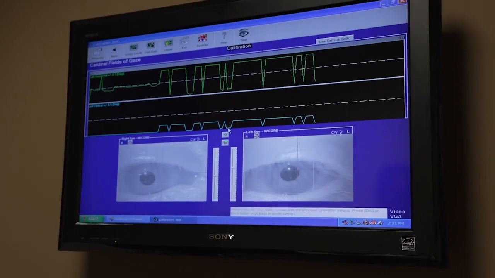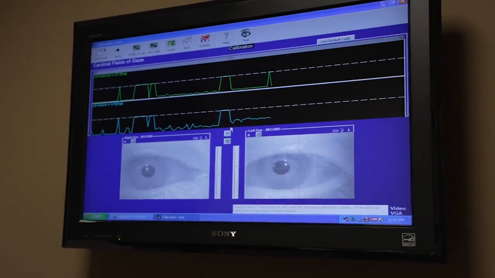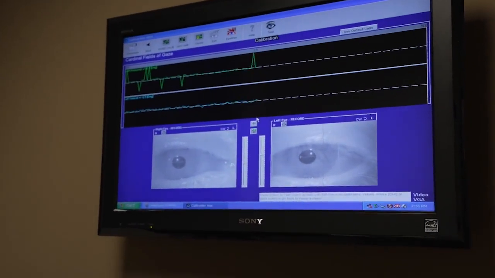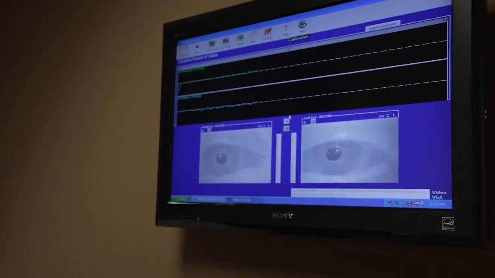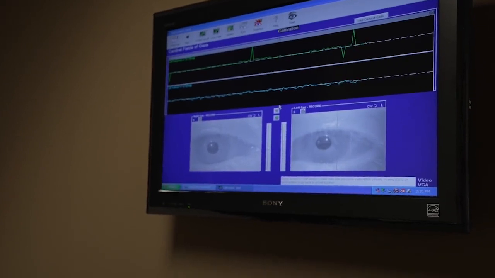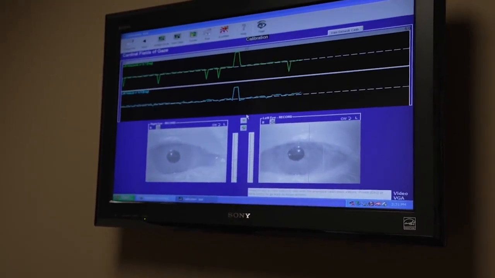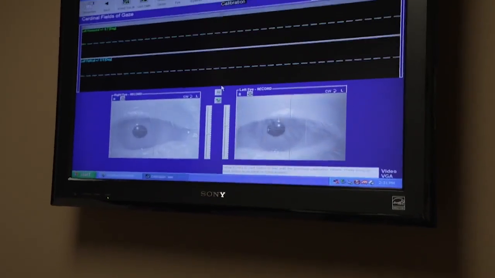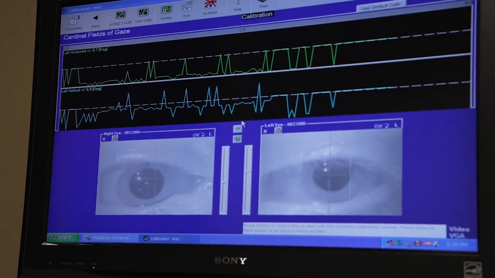vestibulo-ocular reflex. Then we add stimulus to it by rotating in the chair that increases the intensity of the inputs coming into the vestibular system with chair rotations, and then we don't see any symptoms of dizziness or any abnormalities in these eye movements. They're nice and symmetrical with both sides. And then we have her stare at her thumb, and when someone stares at the thumb, even though you're moving them back and forth, let's say in this case a chair rotation, there's no more vestibulo-ocular reflex.